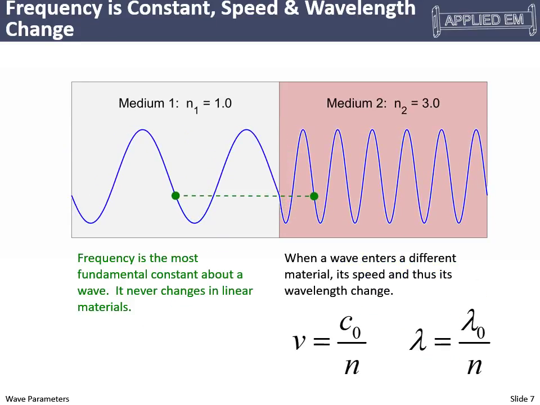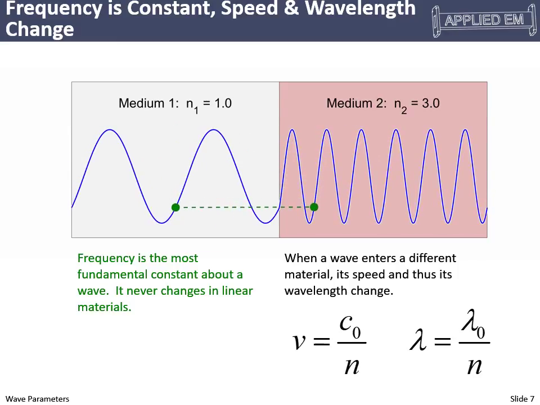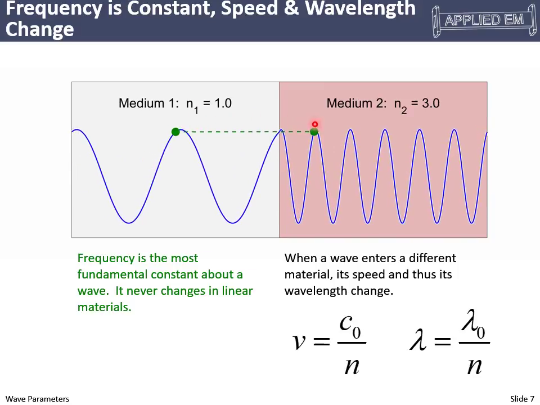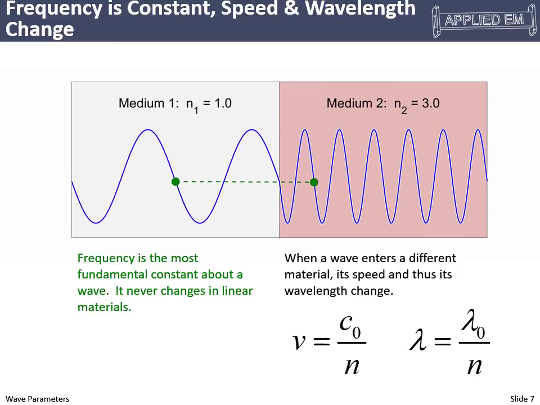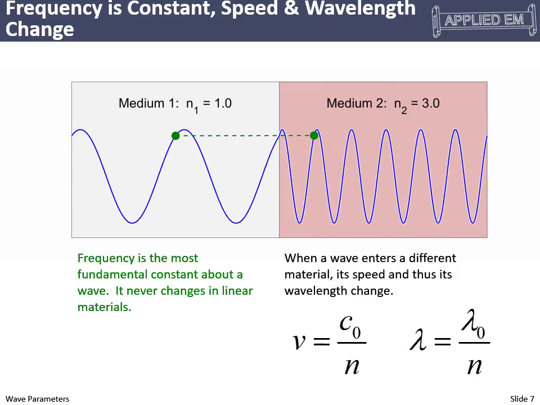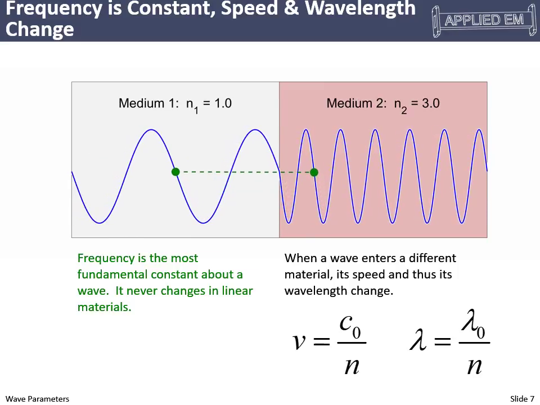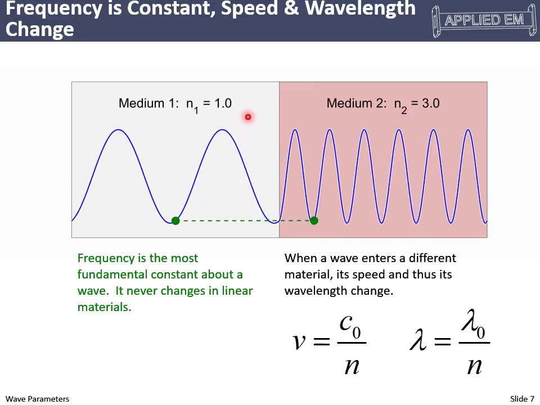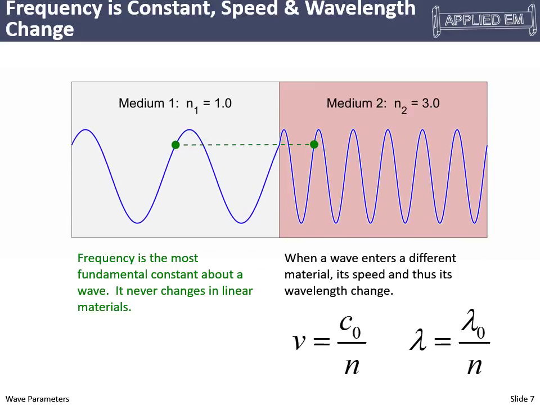Here we're looking at a wave traveling in something with a refractive index of 1, so it looks like we have a vacuum on the left, and the wave enters a second medium which has a refractive index of 3. That means the wave on the right is traveling at 1/3 the speed of the wave on the left. One thing we notice, and we're tracking with these green dots and the bar, is that the wave is oscillating at the same frequency.